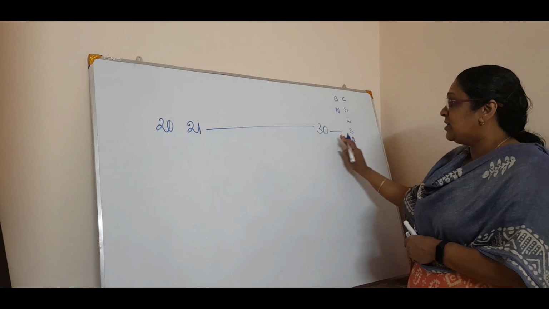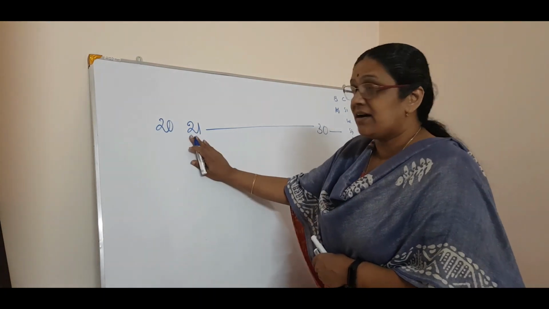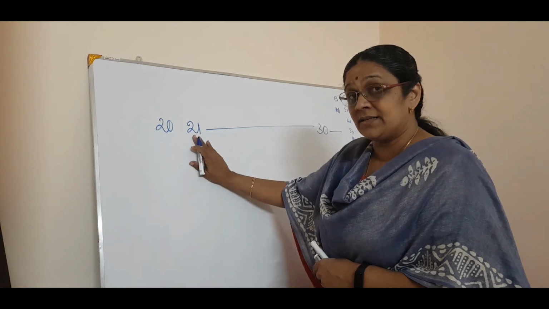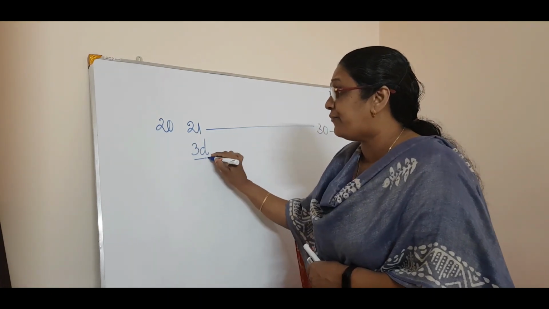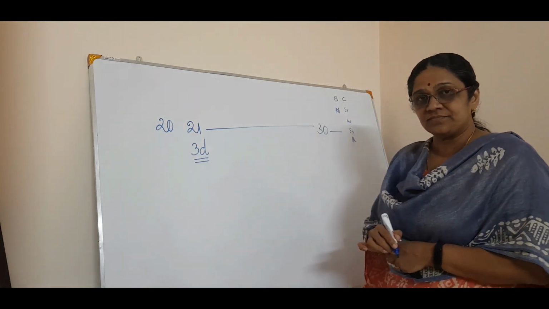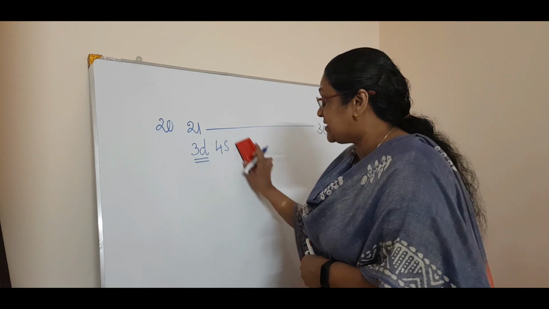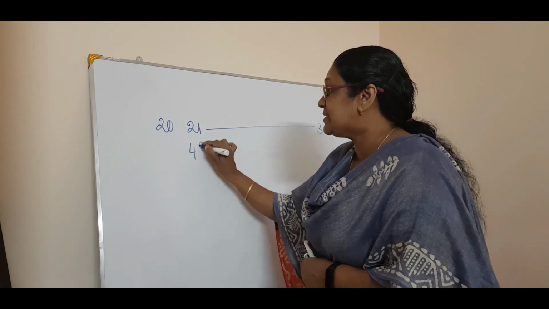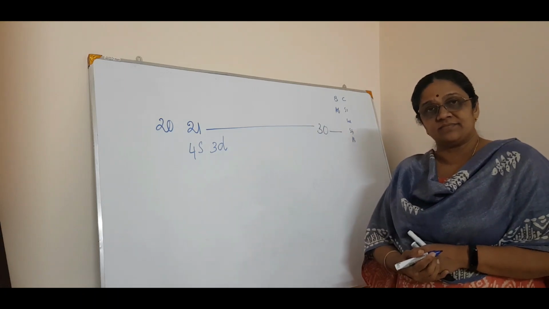Okay, for all that. This is called transition elements, in which the criterion is that the 3d orbitals are filled after the 4s orbital. The 4s orbital is filled first, then only the 3d orbitals start filling.